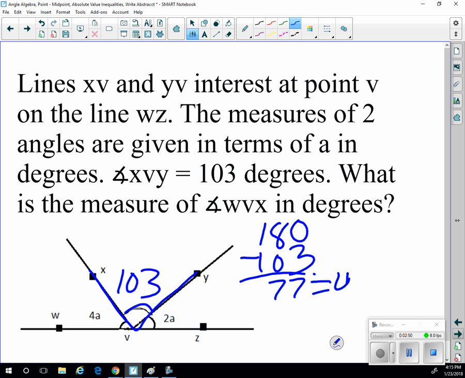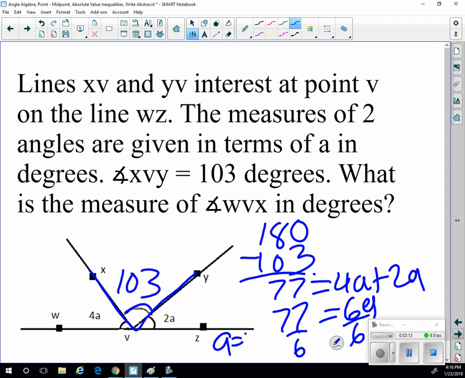And that is 4a plus 2a, so that's 6a equals 77, so I divide by 6. And so 77 divided by 6 equals 12.8.